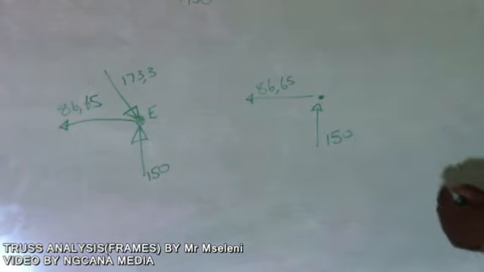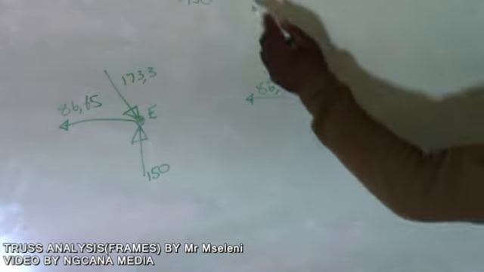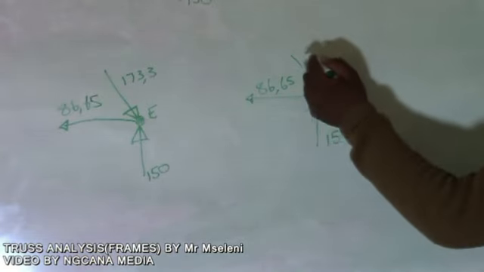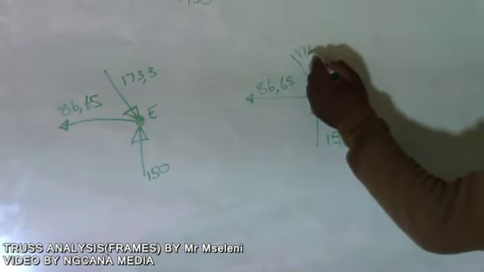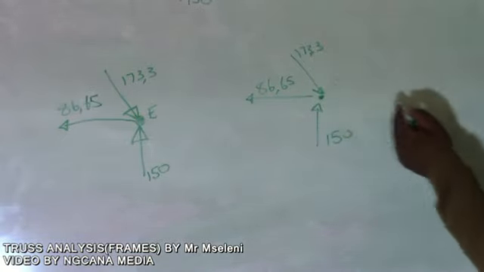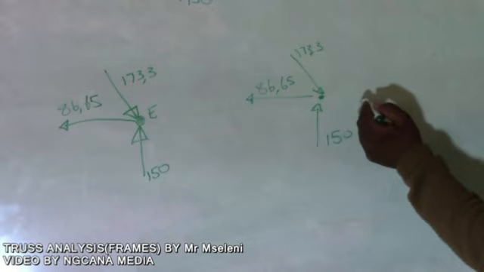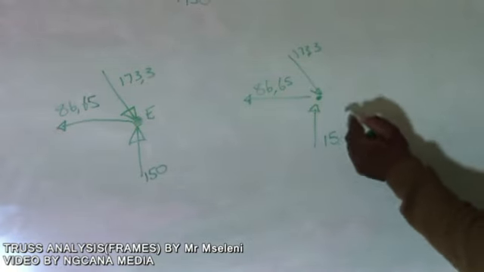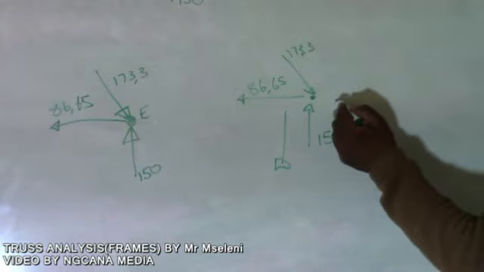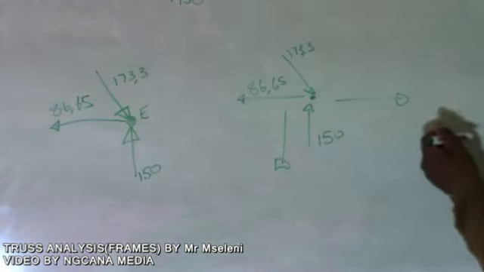And now we've got our DE, which we just found, 173.3, which we're going to break into its components. The components are going down and also going to this side.